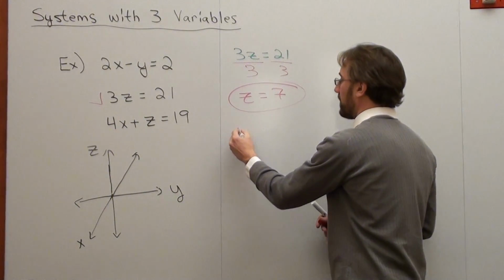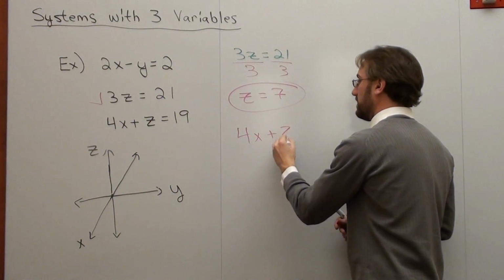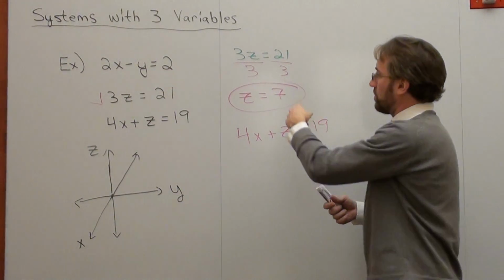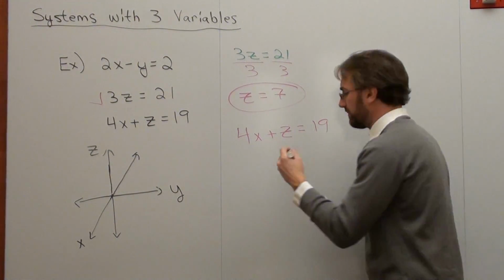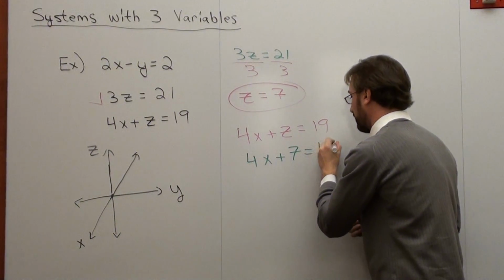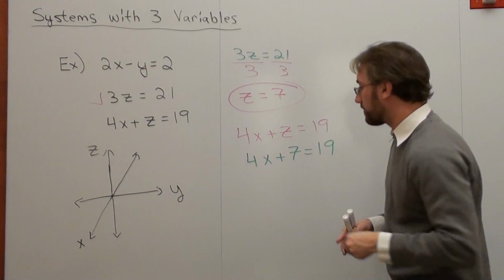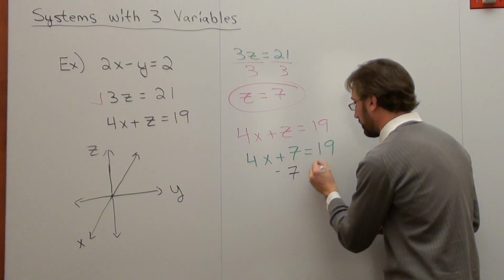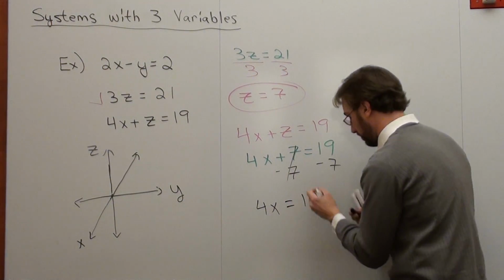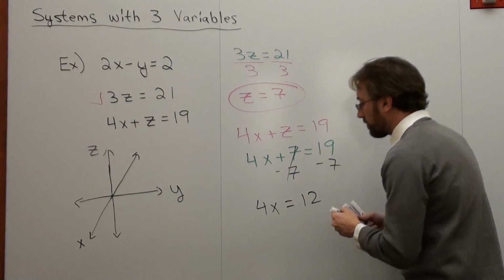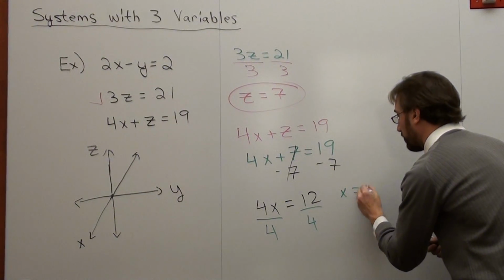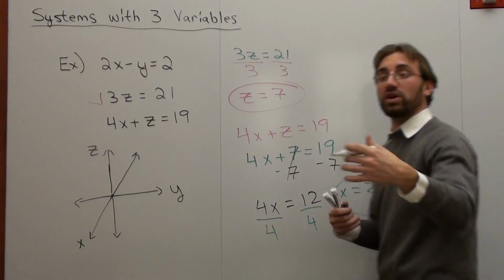So that's what I'm going to do. 4x plus z equals 19, but z is 7, which coincidentally I seem to write very similarly. When I do all that work, I get x equals 3.